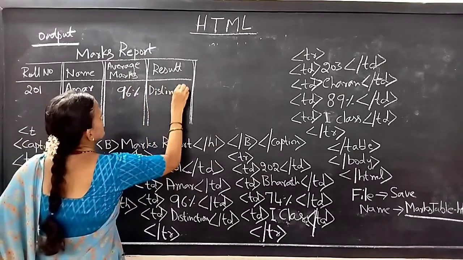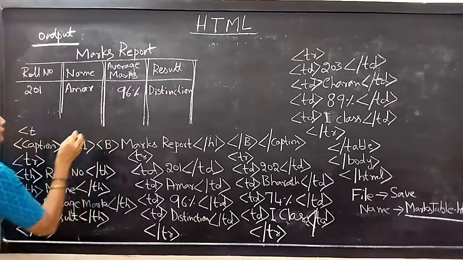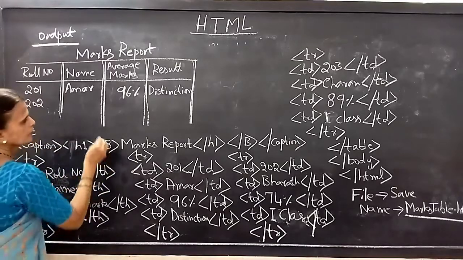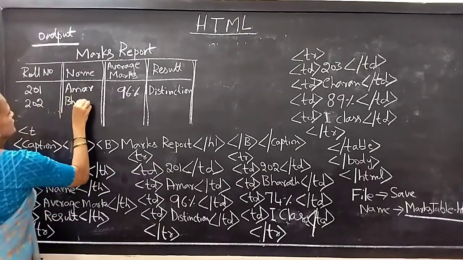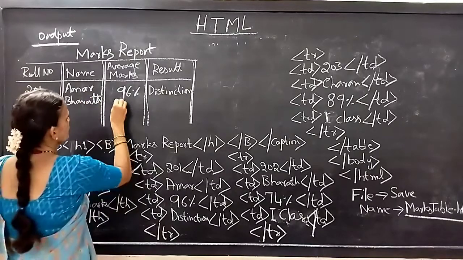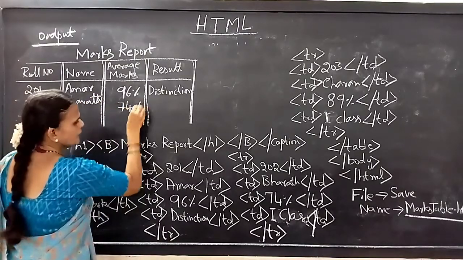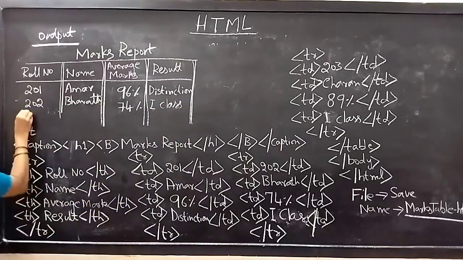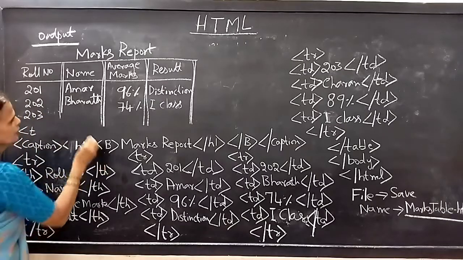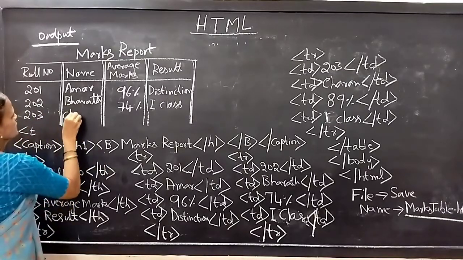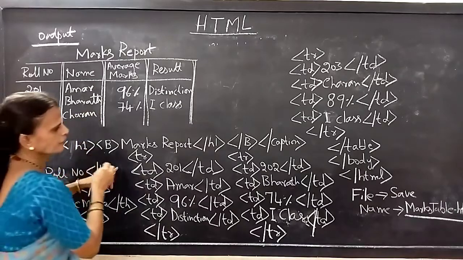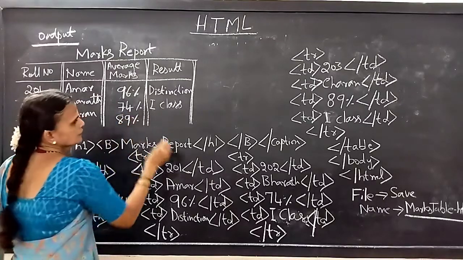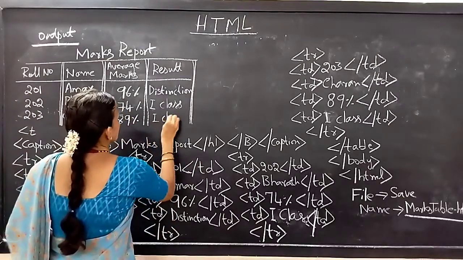So like this you will get the output of this code in the page. 202 we gave the name as Bharat, percentage of marks 74%, and first class. One more student, 203, we wrote the name as Charan, and percentage of marks we wrote is 89%, so first class.